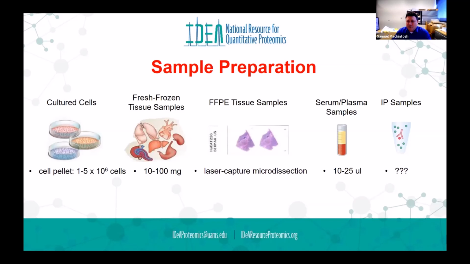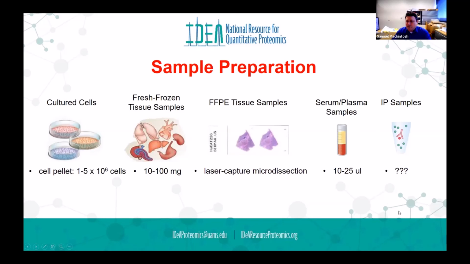So where you run into trouble is differences in how samples are handled and collected. But if you have a consistent protocol, that's usually not a problem. We don't need much serum for proteomics analysis. 10 to 25 microliters per sample is plenty.